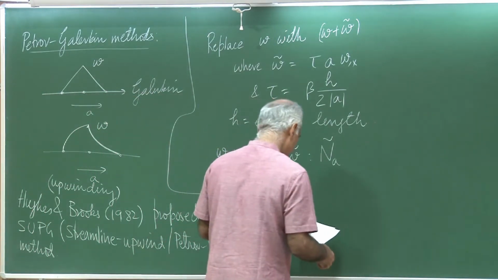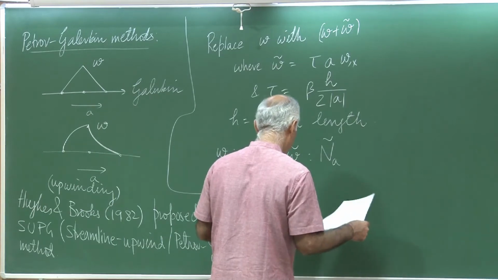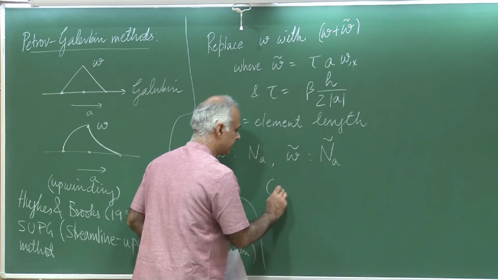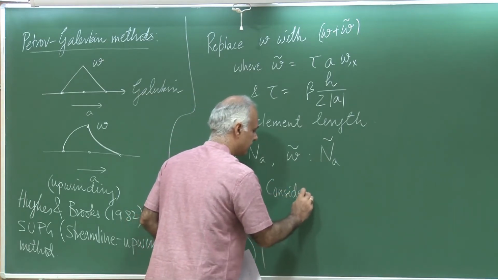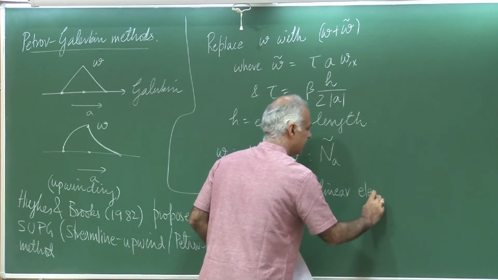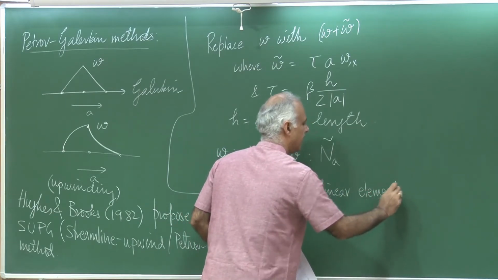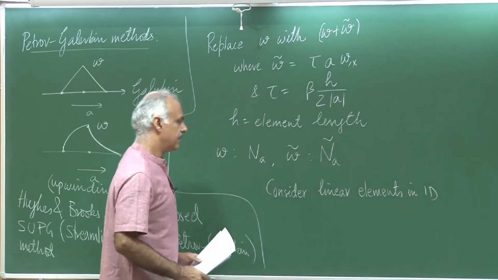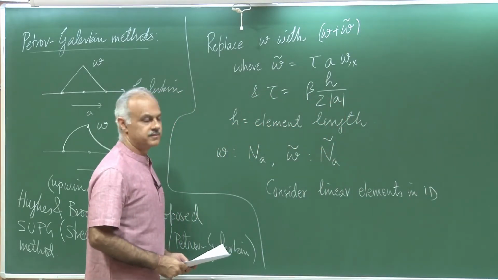Let me show you this in the case of linear finite elements. So, consider linear elements in 1D, piecewise linear elements, which are supposed to be C0.